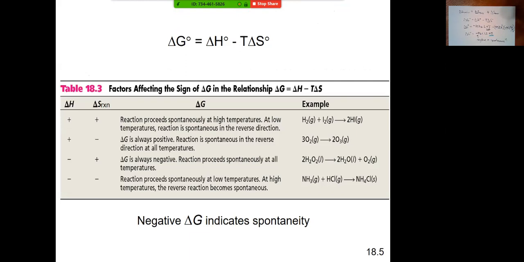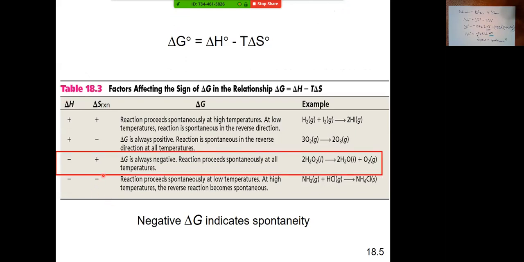So we said delta G needs to be negative in order for a reaction to be spontaneous. When is delta G actually negative? If we look at these examples, looking at this first one. When the reaction is exothermic and delta S of the reaction is positive, the entropy of the products is greater than the entropy of the reactants.